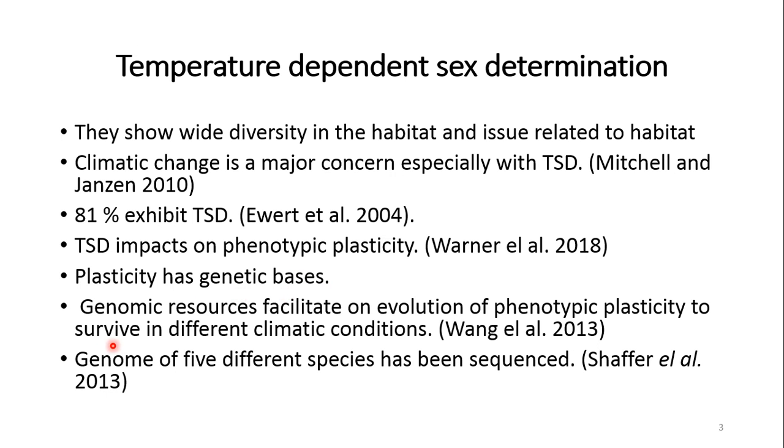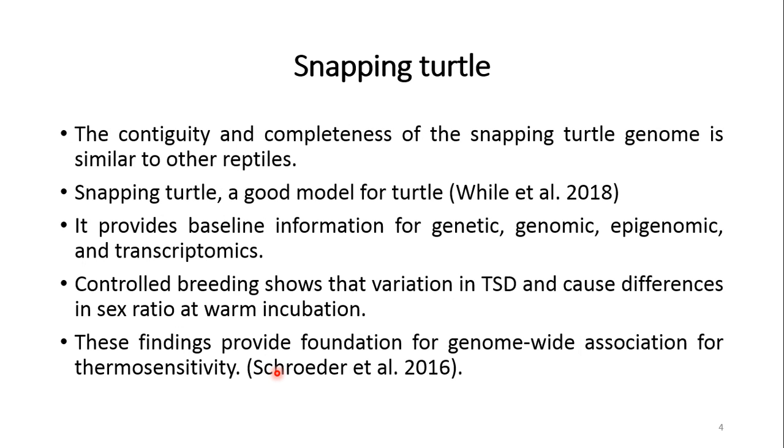Genetic basis of plasticity and genomic resources facilitate the evolution of phenotypic plasticity to survive in different climatic conditions. The genomes of 5 different species have been sequenced, and the contiguity and completeness of the snapping turtle genome is similar to other reptiles. The snapping turtle is a good model for turtles.